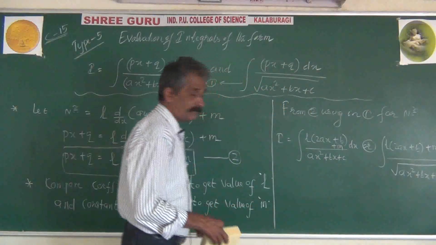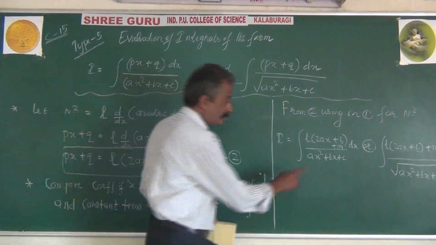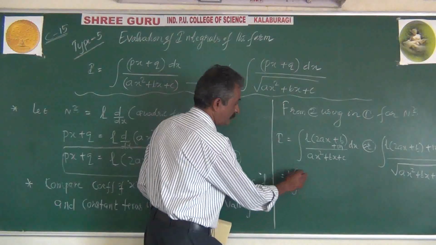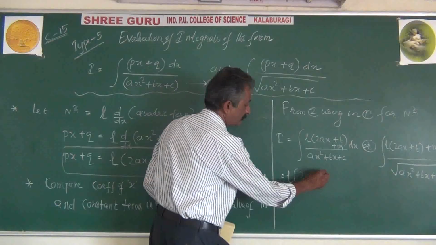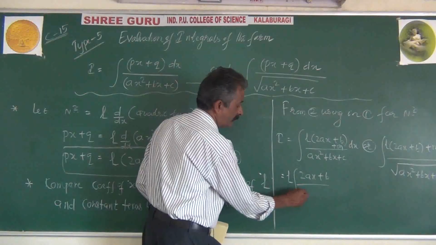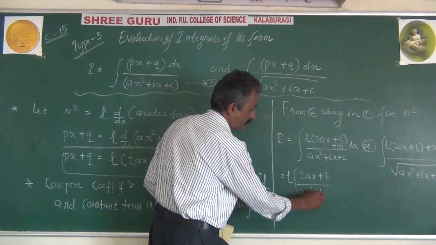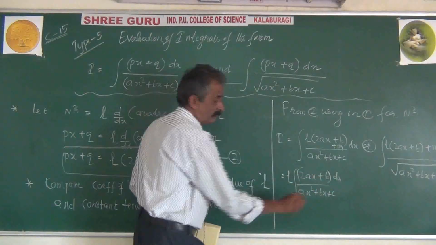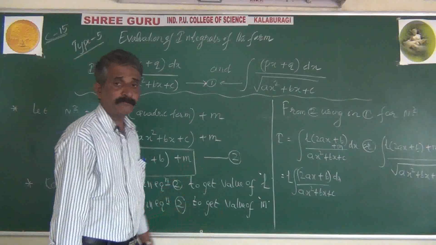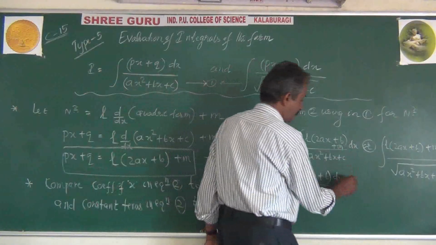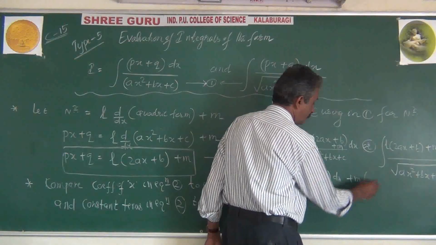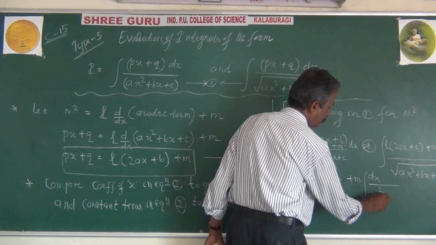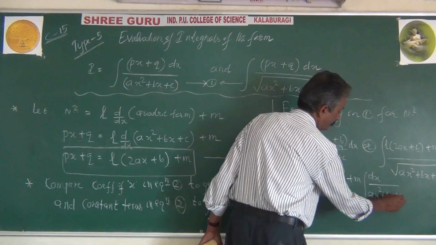After separating, we shall take this case only. It becomes L into the integration of 2ax plus b divided by ax square plus bx plus c, plus m into the integration of dx by ax square plus bx plus c, like this.